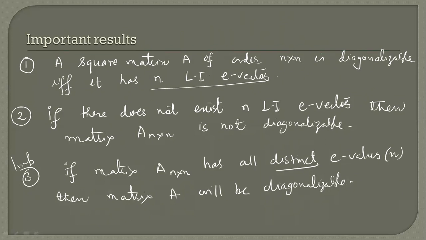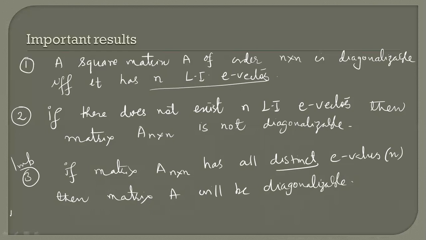But if the eigenvalues are not distinct, we cannot make any comment on diagonalizability. The matrix can be diagonalizable or not in the case of repeated eigenvalues. In that case, diagonalization depends on the number of linearly independent eigenvectors.